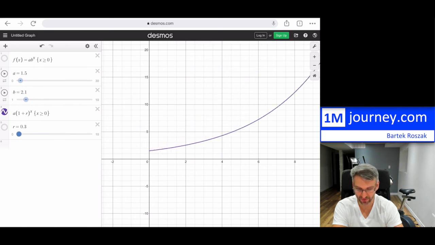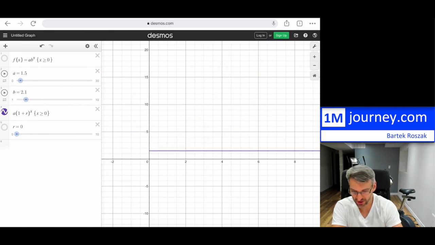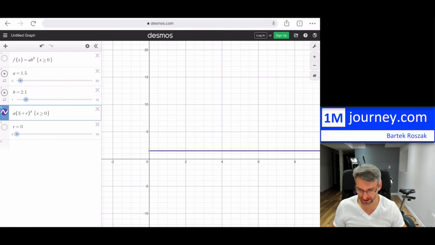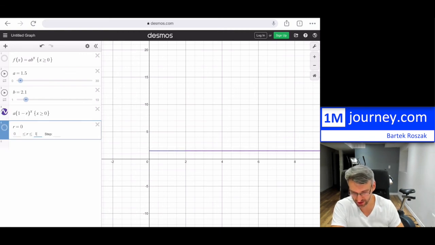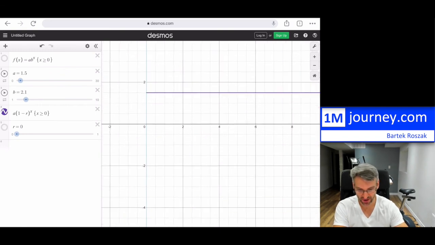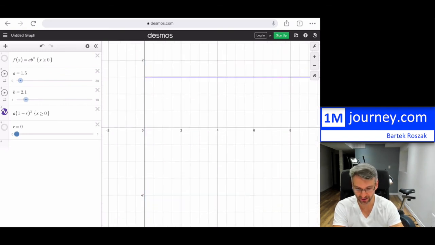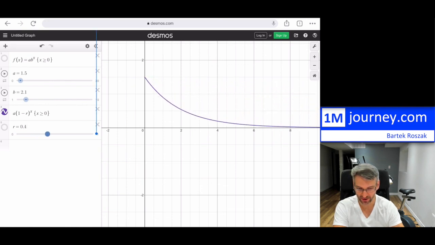But now notice if I said minus, and let me fix this so that it's between 0 and 1, now it's going to be a decay, and that's exactly what happens. It just decays faster and faster the bigger the r becomes.